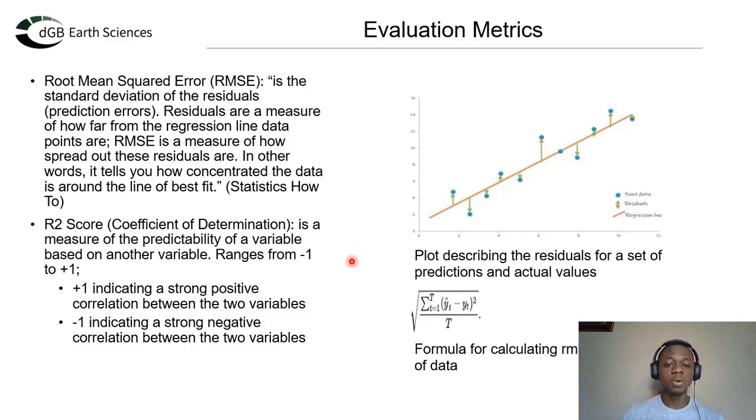Now I'll be showing how we can arrive at all this, how we can use our method to get the data, and how we can also make use of OpendTect Python tools to perform this work.